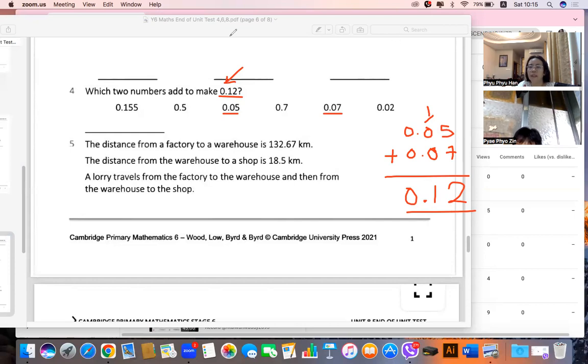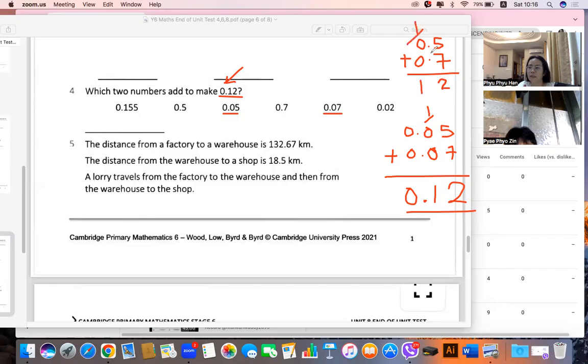For example, we made a mistake. For example, I choose 0.7 add with 0.5. I make a mistake. I choose this. So what do we get now? 5 plus 7, what do you get? 12, right? So I put here.